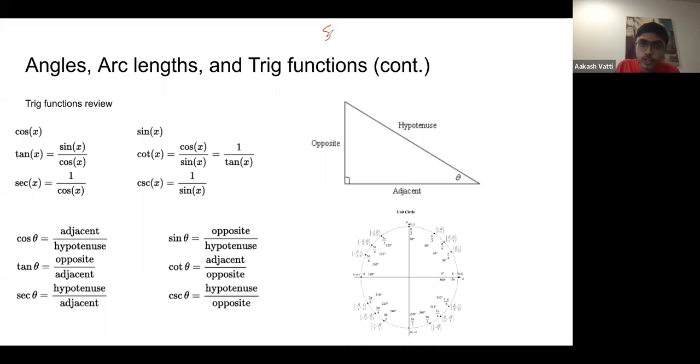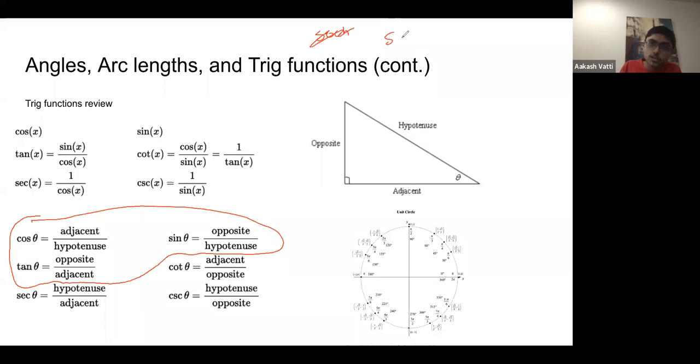The way I remember it is SOH CAH TOA. SOH is sine, opposite over hypotenuse.